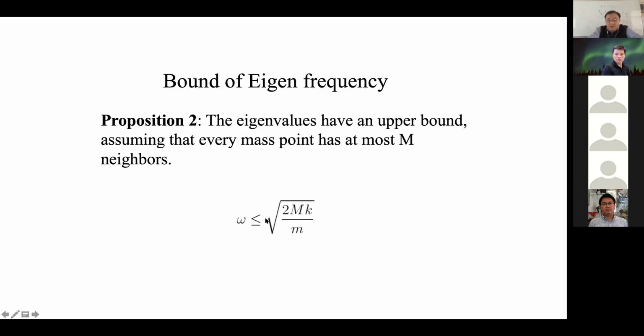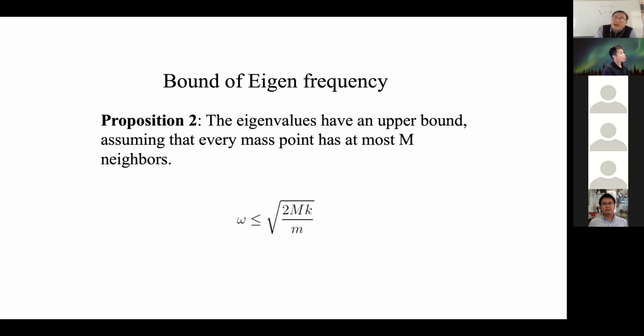This angular eigenfrequency is bounded by the square root of 2mk over m. K is the spring constant, m is the point mass, and M is the number of neighbors, or the maximum number of neighbors a spring point or mass point can have.